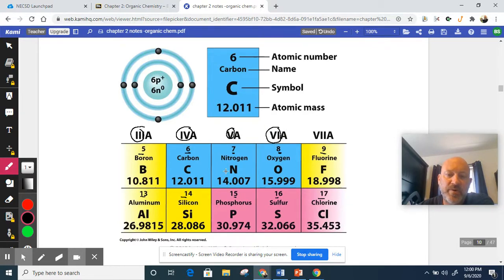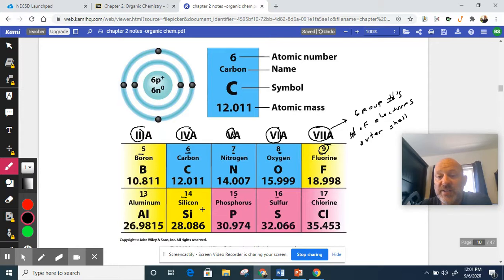These are called group numbers. And this tells us the number of electrons. Not total, because that's what this number tells us, right? But this tells us the number of electrons in the outer shell, in the valence shell.